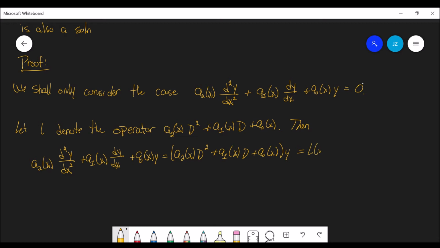But this piece here is L. So this is just L of y, and that is equal to 0.